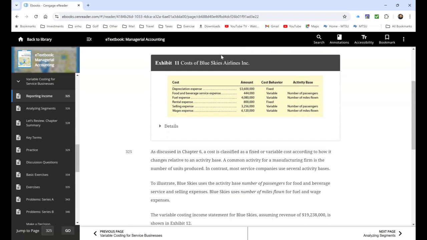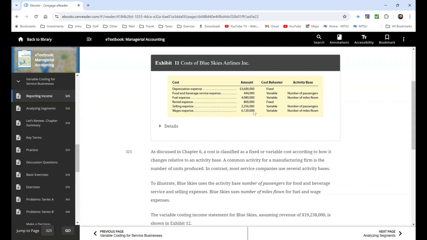Here is Blue Skies Airlines. They are going to divide their cost into two different categories. One is based on miles: gasoline, fuel, of course, and then wages, because they need people to staff these airlines, and that's dependent upon how far away they are.